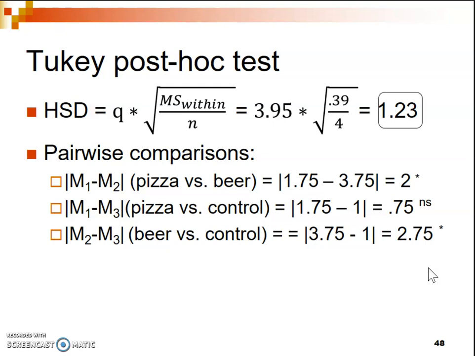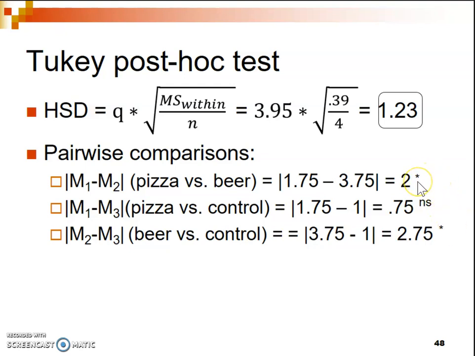So earlier I said "to be continued" on our conclusion, so we're going to go ahead and revisit that conclusion. So essentially what we want to do is add to our conclusion our interpretation of these Tukey test pairwise comparisons. So I think the easiest way to do that would be to make a sentence explaining each of these pairwise comparisons.